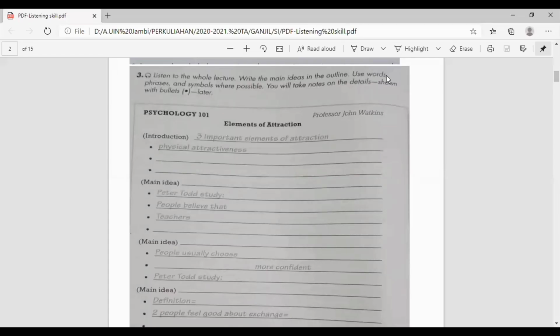Okay, now let's continue. Let's listen to the whole lecture, because the previous one was only the main idea, only the introduction of the lecture. So now please listen to the whole lecture. Write the main ideas in the outline.